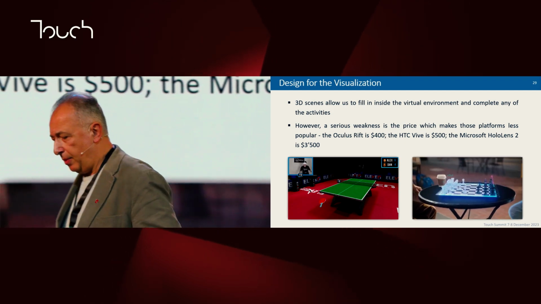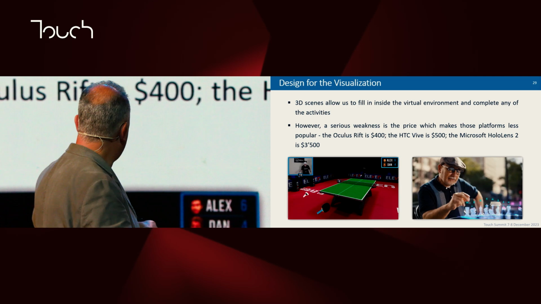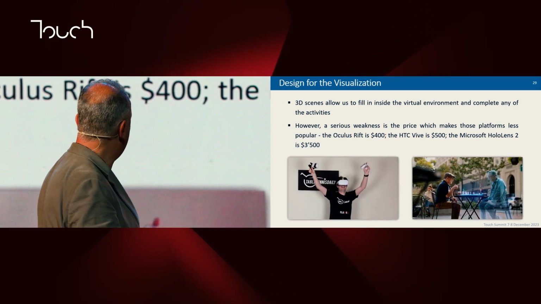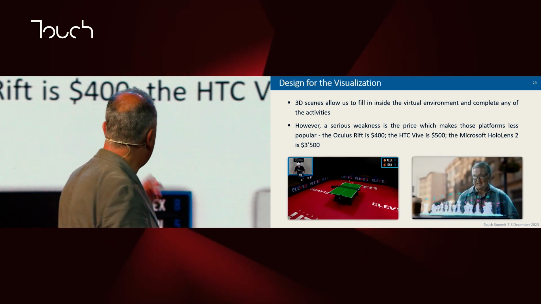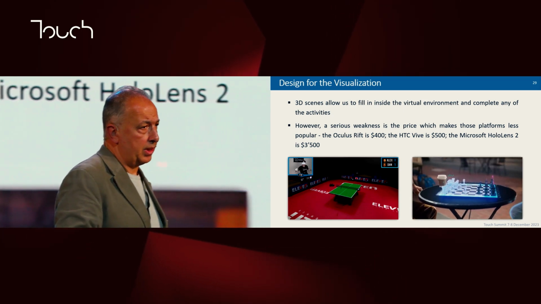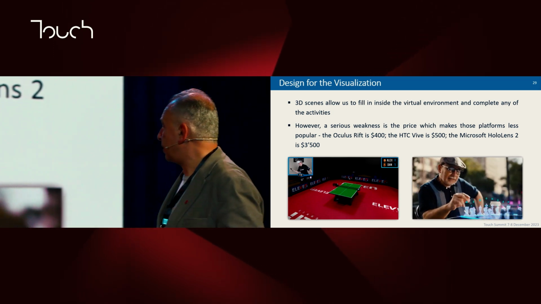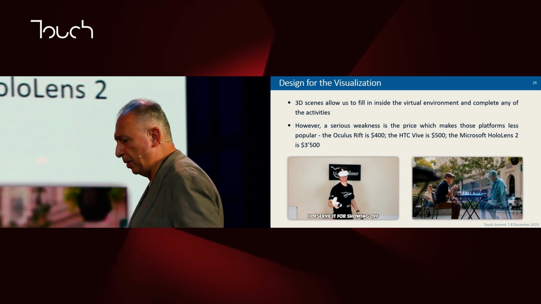By the way, when I was preparing this presentation, I checked the current prices, and I see that the Oculus Rift is now about $400 US, and HTC Vive is about 500. Comparing with their price one year ago, the Oculus was about 600, and HTC was about 700.